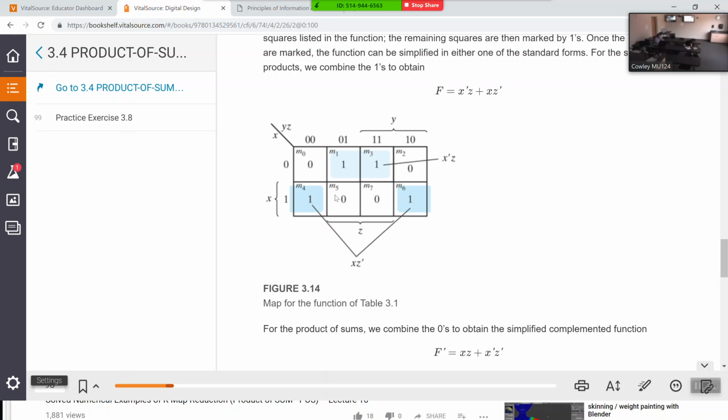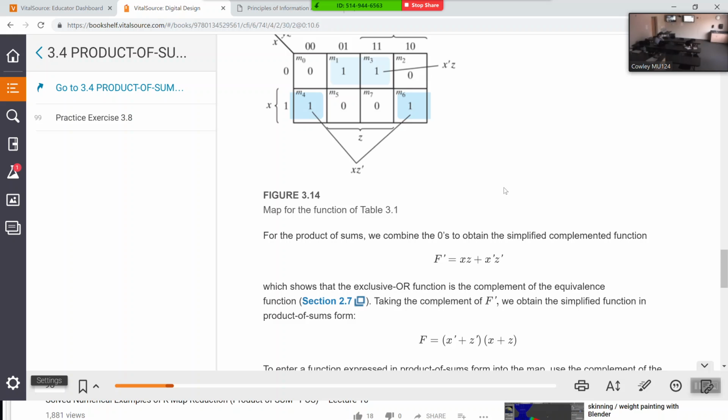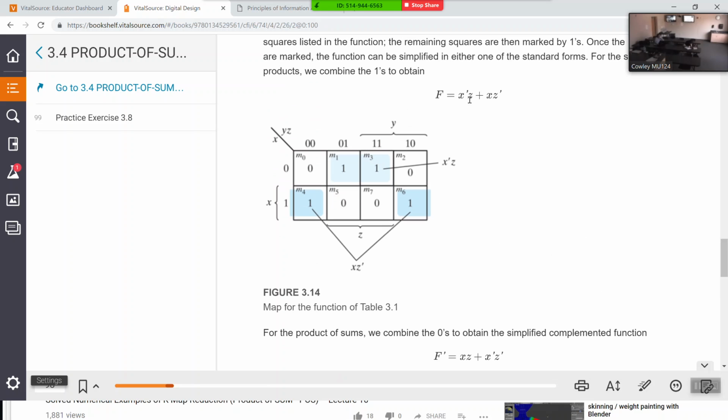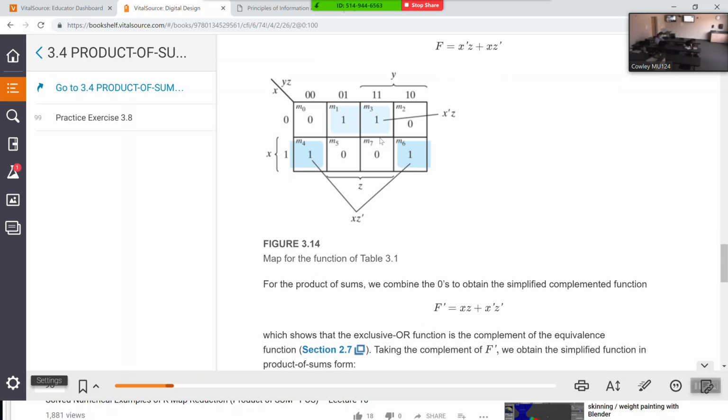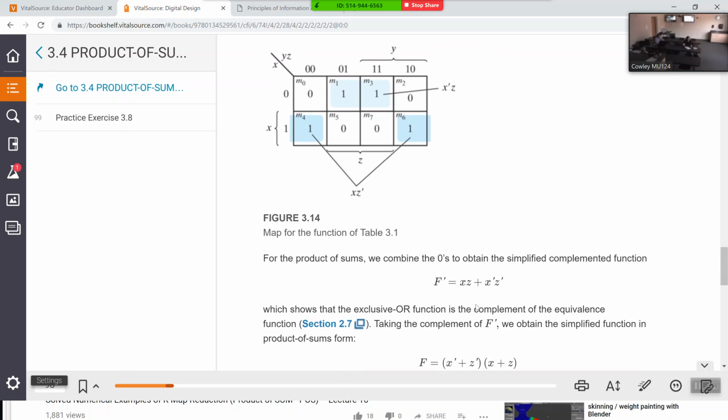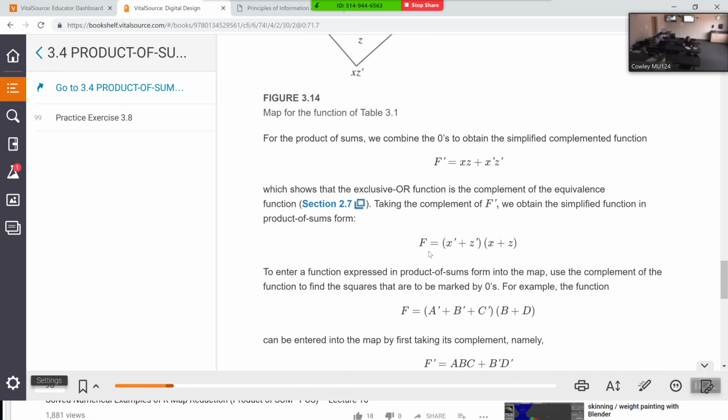And if you focus on just the ones, you get this right up here. So just that, and that's what the instructions are actually asking for. If instead you don't focus on the ones, but you focus on the zeros, then you get this one down here, which is f prime. And then to get f, you go backwards, rewriting the outer addition as a product, and then the multiplication as an addition.